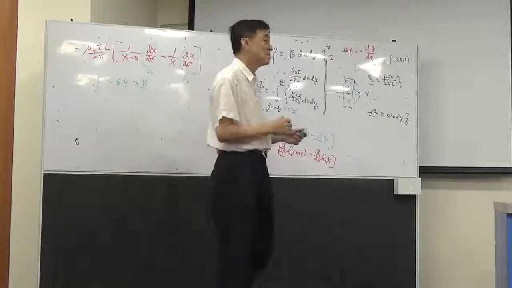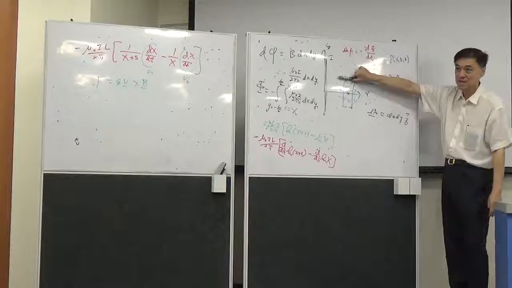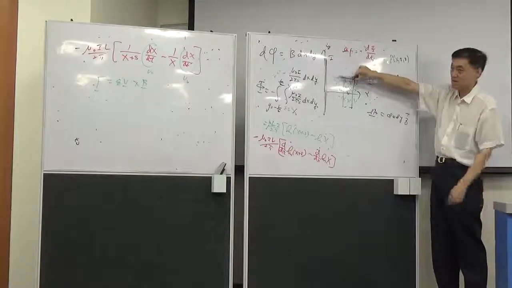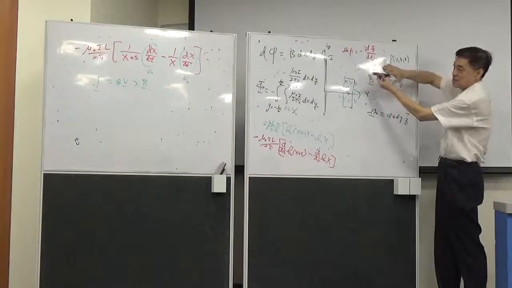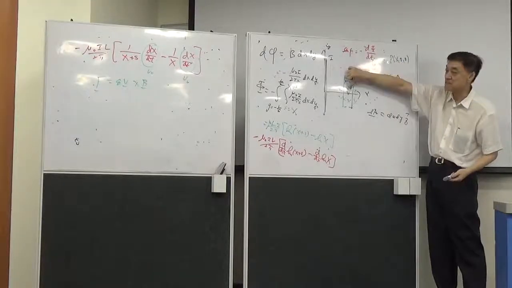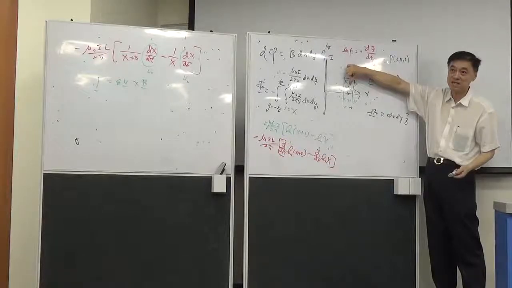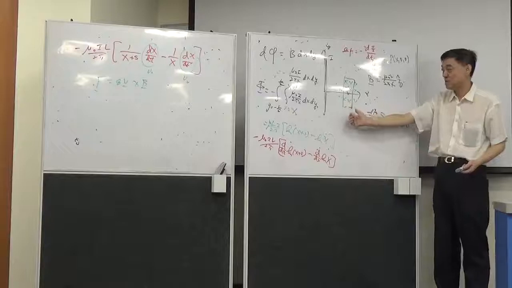Now, in this line, Q v cross B means the force is downward. If the force is downward along the side, it doesn't mean anything, because it never pushes anything.